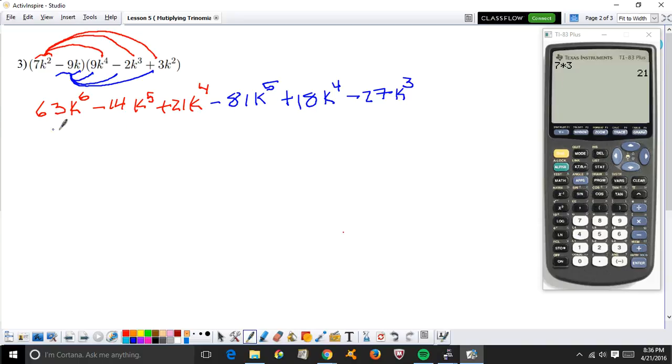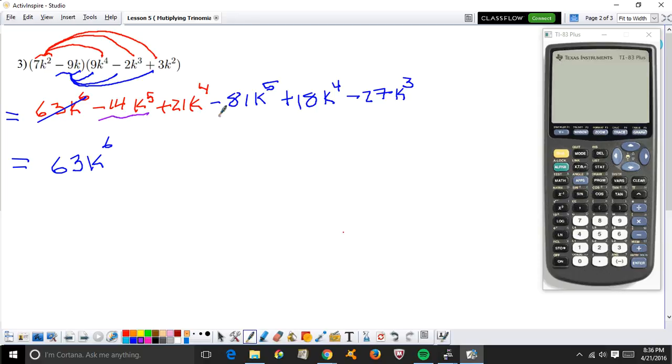Alright, so now this is technically your answer, but we gotta simplify it. So I'll do from highest exponent to lowest. What's the highest? 6. Is there anything I can combine it with? Nope, so I'll bring it down. So 63 k to the 6, so that's that. Next term, I see k to the fifth here.